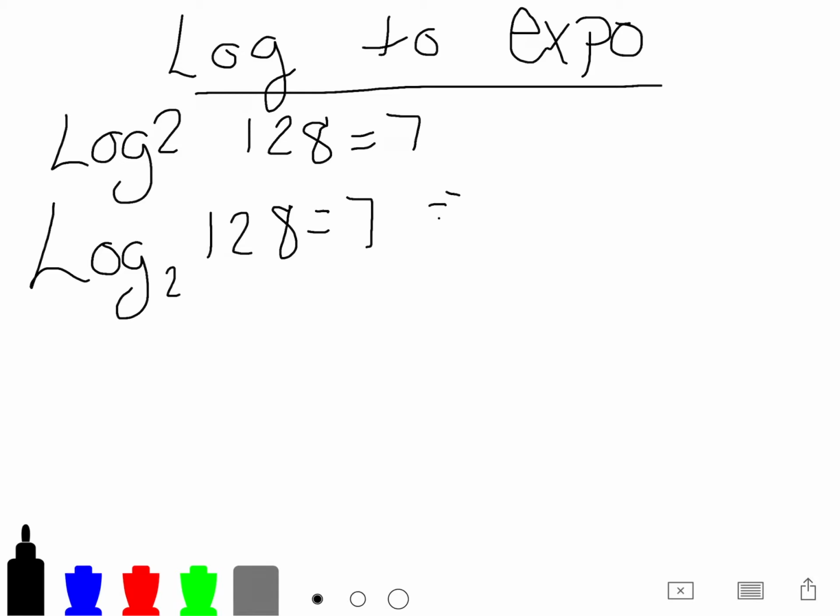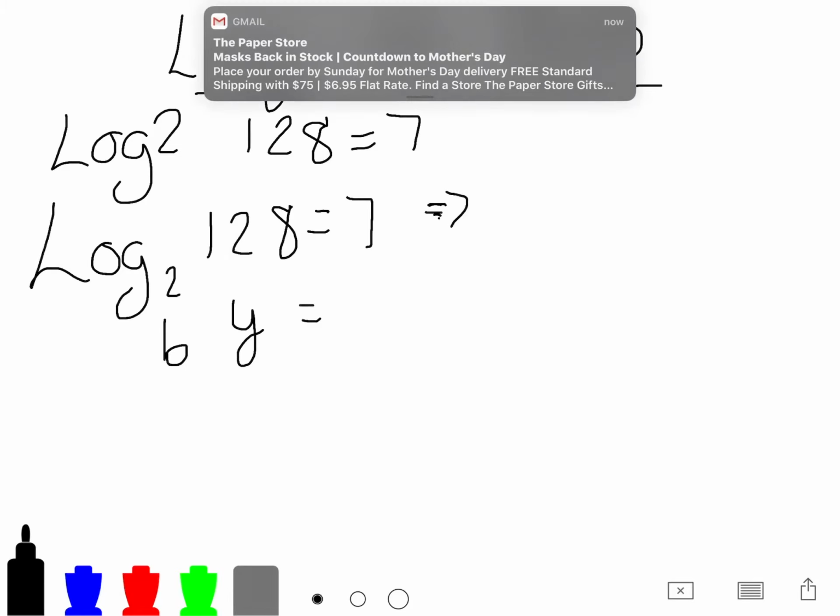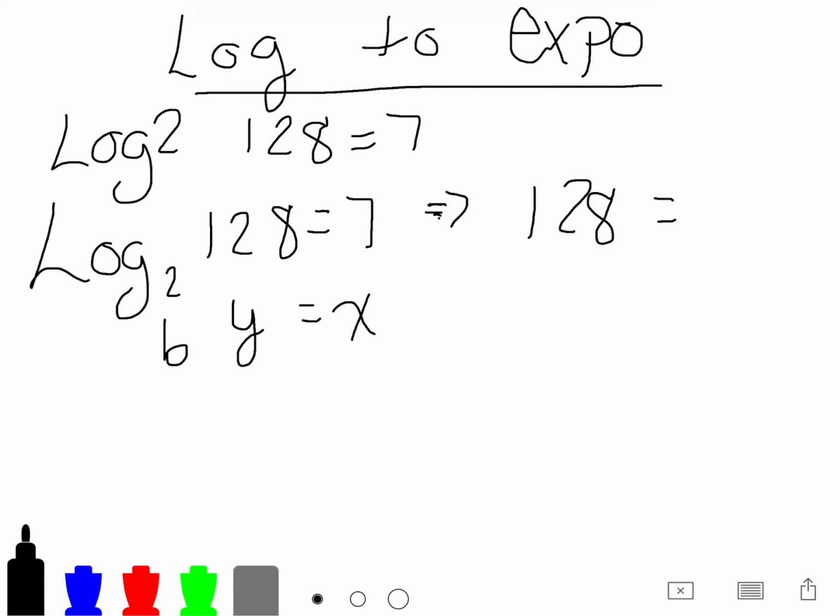So if I was to write that in exponential form, remember, this is B, this is Y, this is X. So in exponential form, 128 is equal to 2 to the 7th power. And if you just use your calculator and did 2 to the 7th power, you're going to get 128.